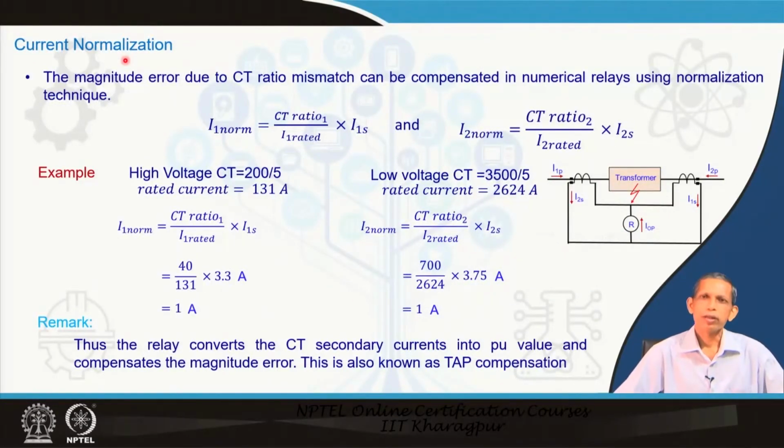Now, in a numerical relay we have enormous scope to calculate and compensate in real time. Before going into the details of how things are processed for the percentage differential relay principle in a numerical relay, we have a terminology called current normalization. Unless you handle the current properly, the differential current will be unwantedly very large, and the relay may malfunction.